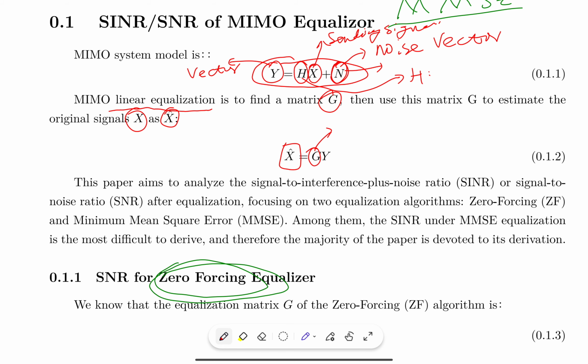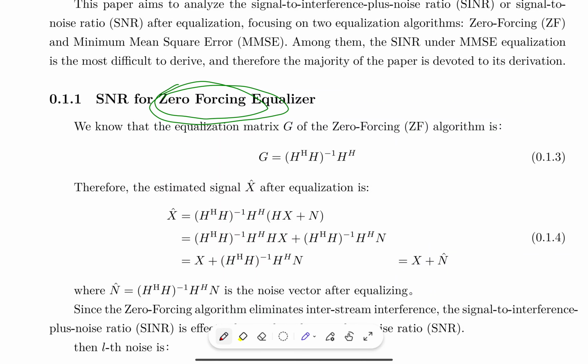For the zero forcing equalizer, we know the equalization matrix G is this one. Here H with the superscript H means the conjugate transpose.